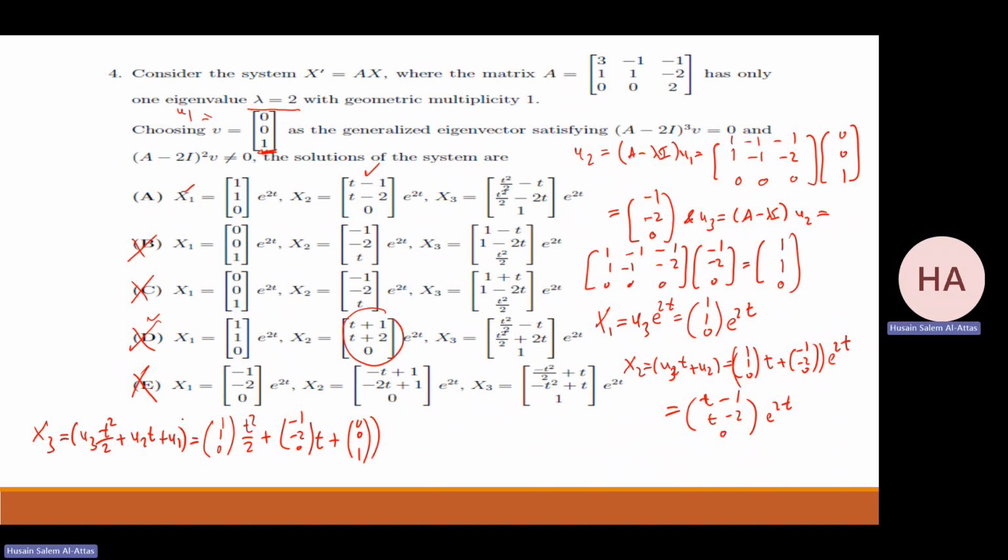Don't forget all of this times e to the t. That gives me t squared over 2 minus t, t squared over 2 minus 2t, and the last thing is 0, 0, 1, which is exactly this one. Good.